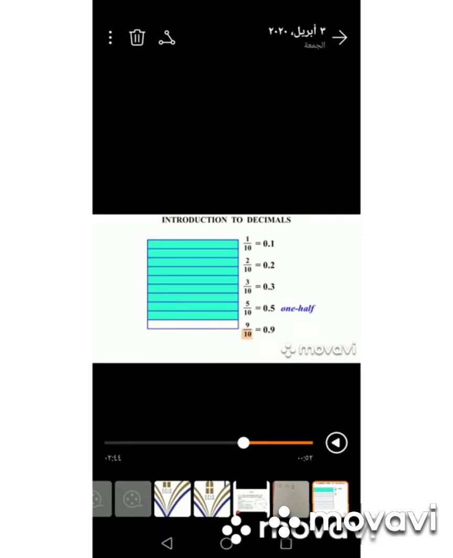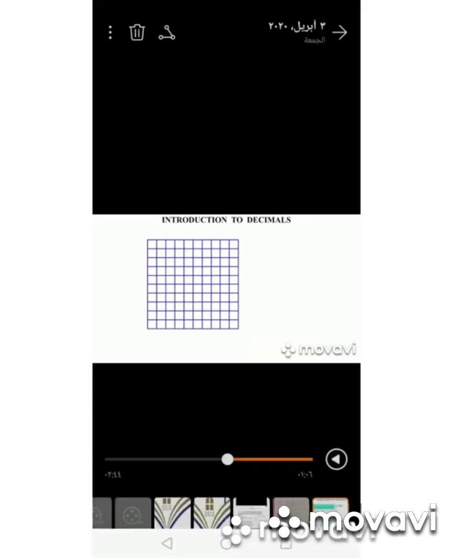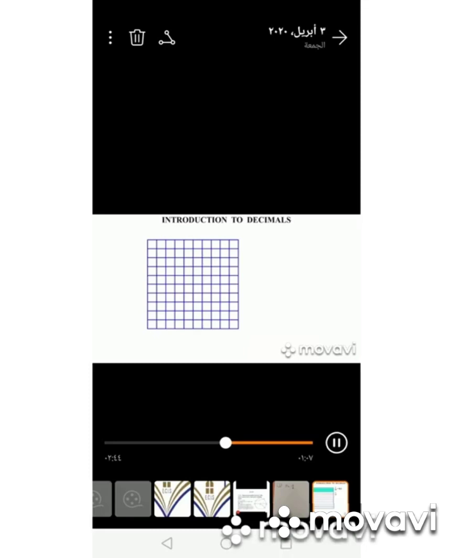Notice that in tenths, the decimal point is one place, after one digit. Okay, if we divide one whole into 100 parts, like shown in this figure, we have 100 squares. Pay attention: one row contains how many squares?